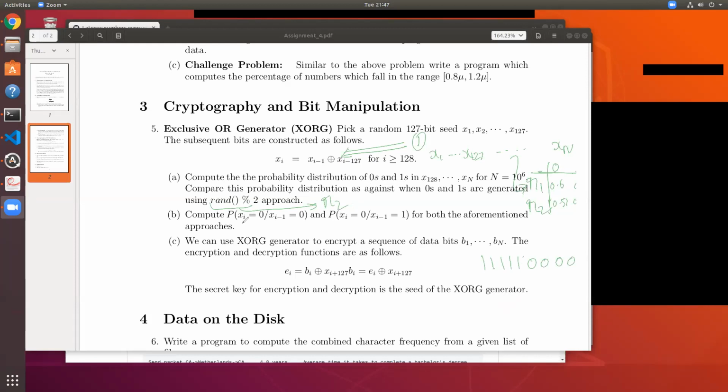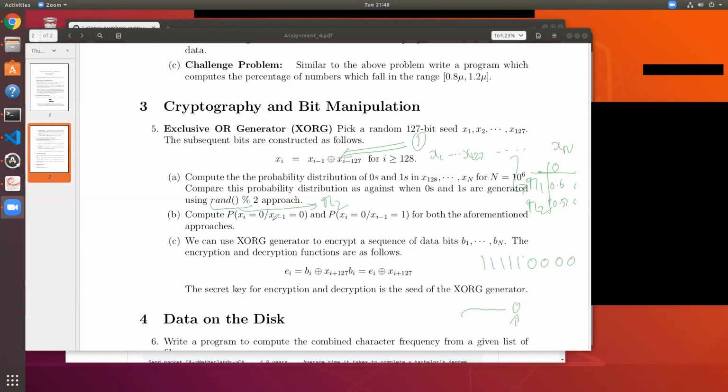This probability also, we should not be able to say anything. If you see the current bit is equal to 0, the next bit we should not be able to predict if it's a truly random sequence. Yes or no? That means we want to avoid patterns. So that's what we are trying to compute.